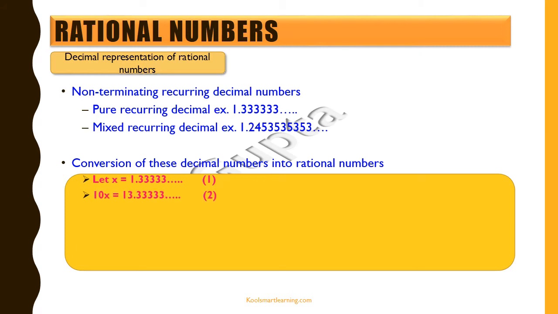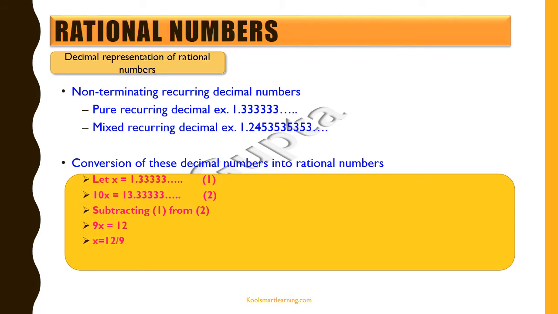Now, if we multiply this by 10, the number becomes 10.3333, which clearly shows that the decimal part of the two numbers, which is x and 10x, remains the same. So now, since the decimal part remains the same, if we subtract first from the second, we'll clearly get a number which does not have a decimal part because the decimal part gets subtracted out. So if we subtract, we get 9x is equal to 12.